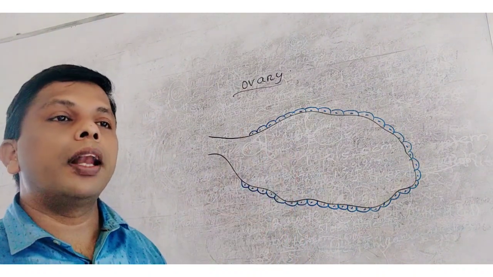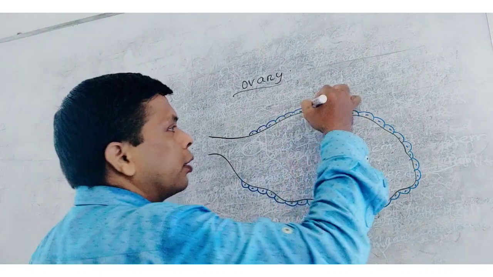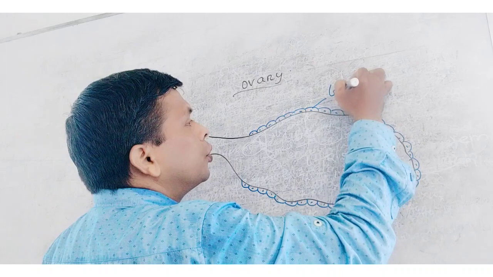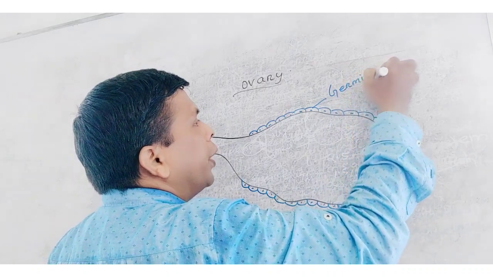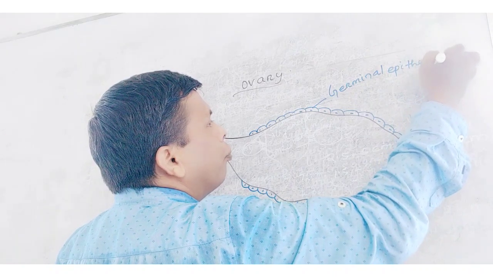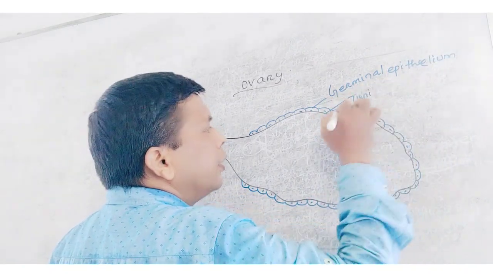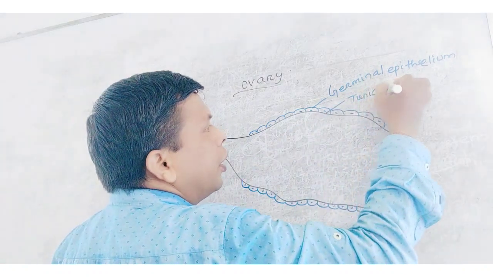Below the germinal epithelium, there is the tunica albuginea, the basement membrane.